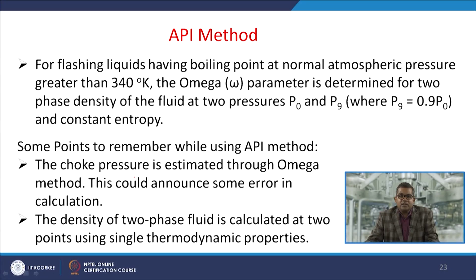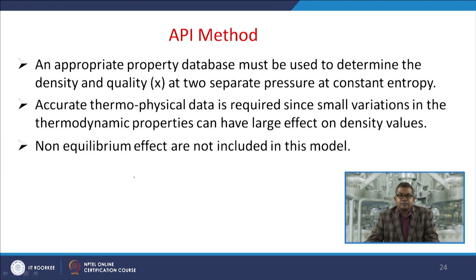Now, the second point is that the density of two-phase fluid is calculated at 2 points using a single thermodynamic property. The third point is that an appropriate property database must be used to determine the density and quality, that is represented by X, at two separate pressures at constant entropy.